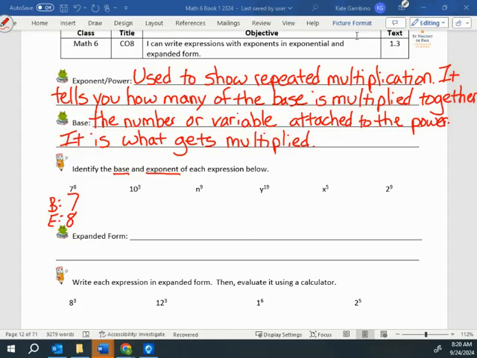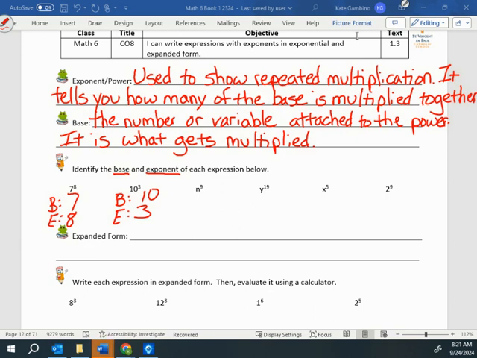So if we look at 10 to the 3rd power, what's our base? Maybe 10. The base is the big number. What's the exponent? Aaron? 3. The exponent is the little number. So do I do 10 times 3?